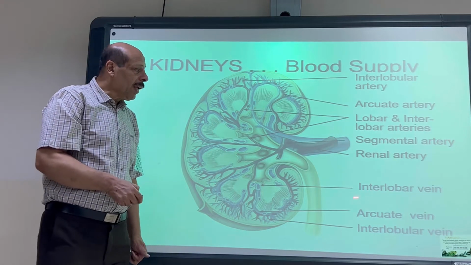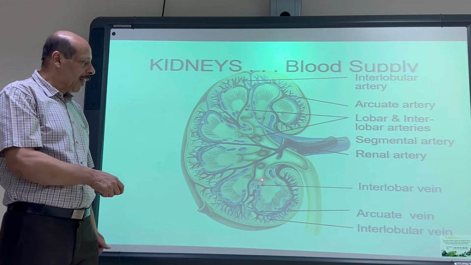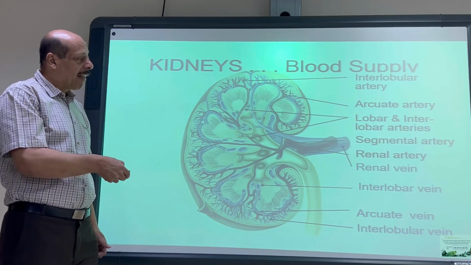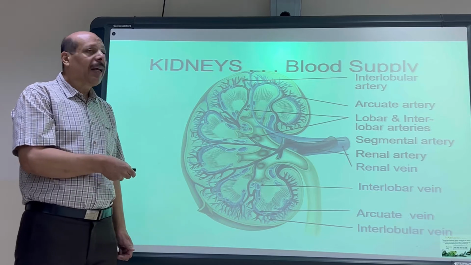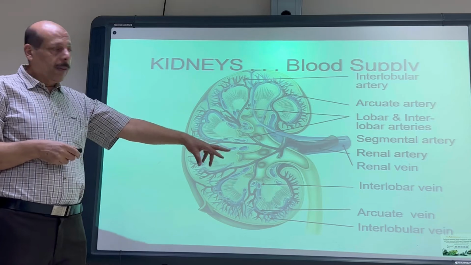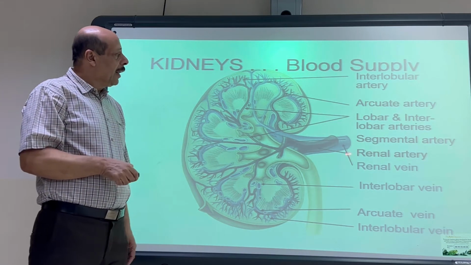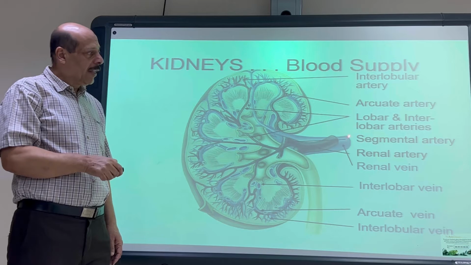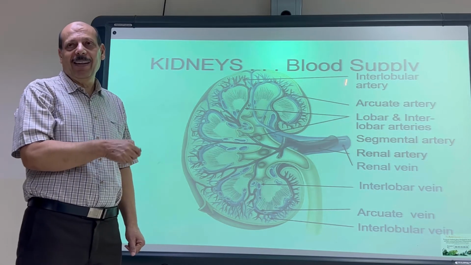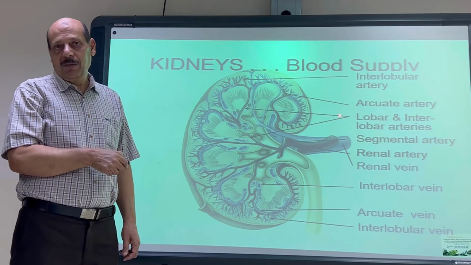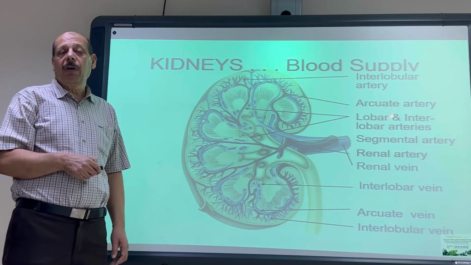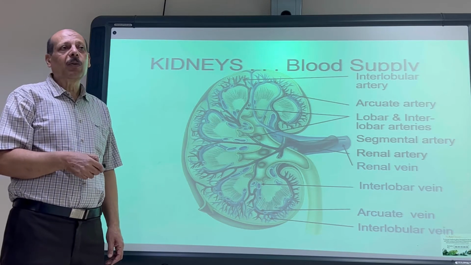Then the interlobar vein between the lobes. Then it will take the blood back to the renal vein, and from the renal vein to the inferior vena cava. So this is the blood supply to the kidney.